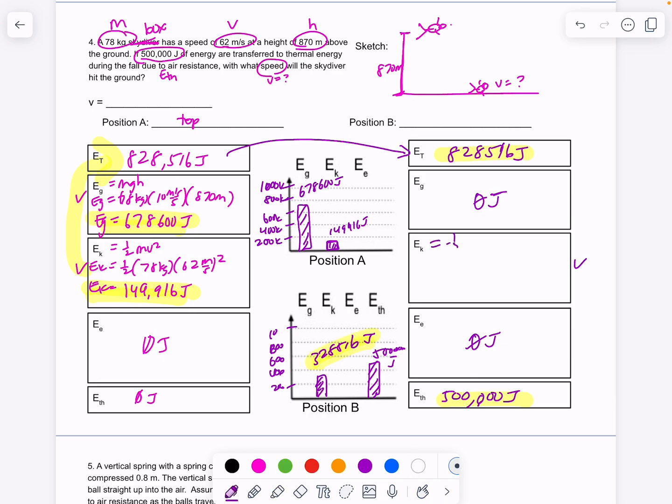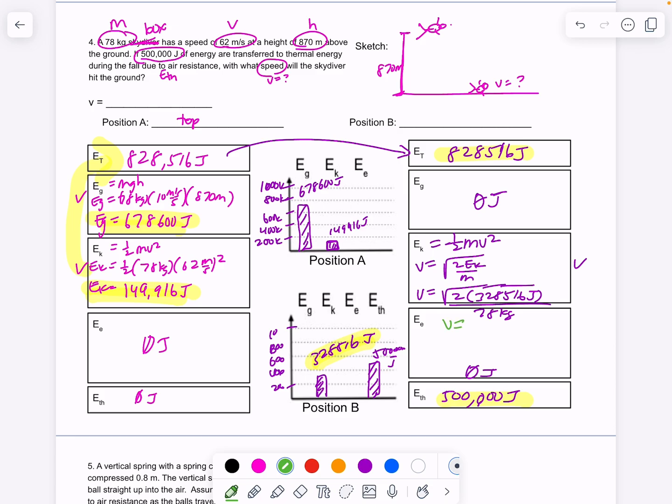All right, so 1/2 mv squared. I'm going to isolate for the v again. Then I'm going to get 2 times 328,516 joules divided by the mass, which is 78 kilograms. Okay, I'm going to move this down a little bit so I can have some space here.